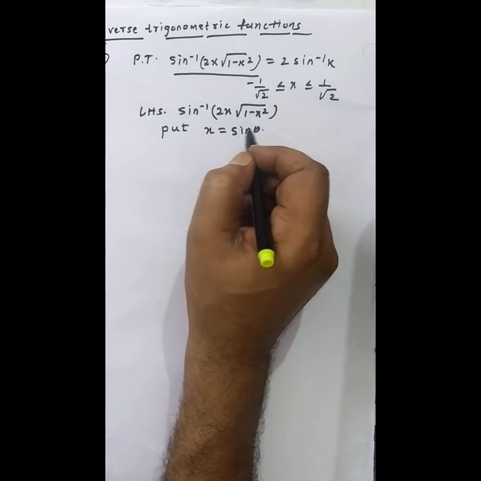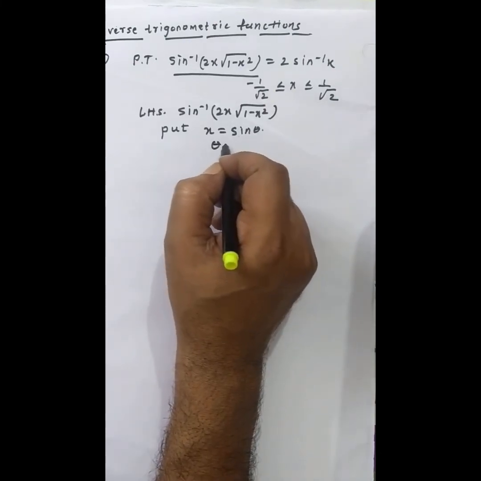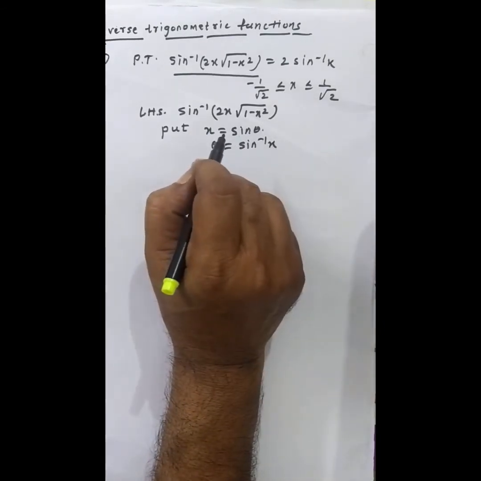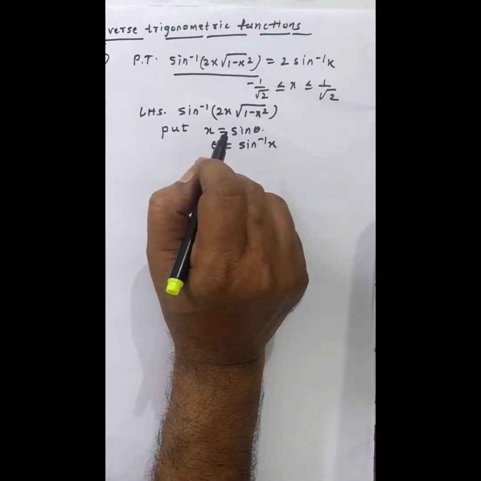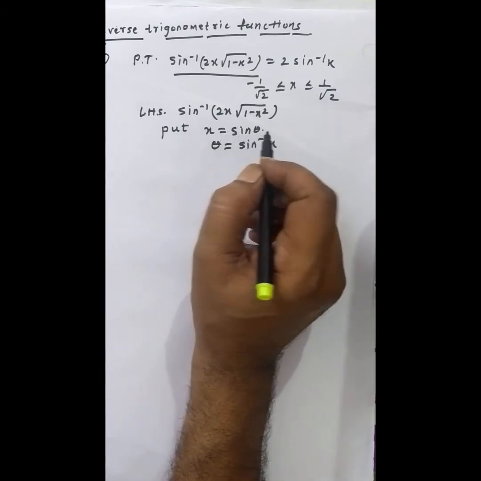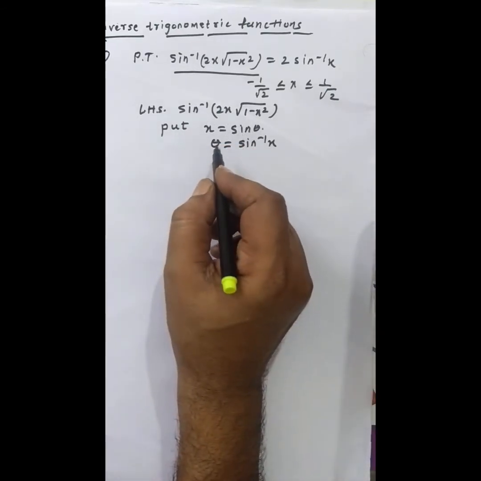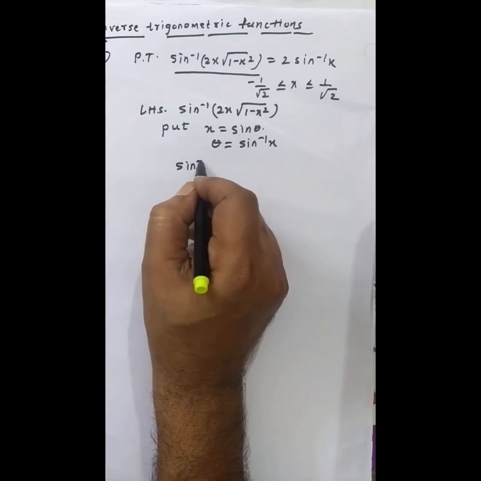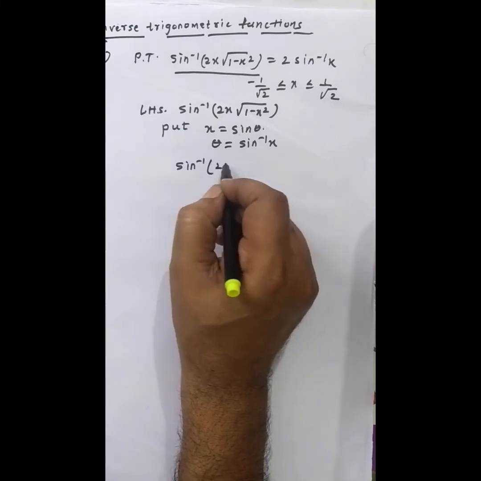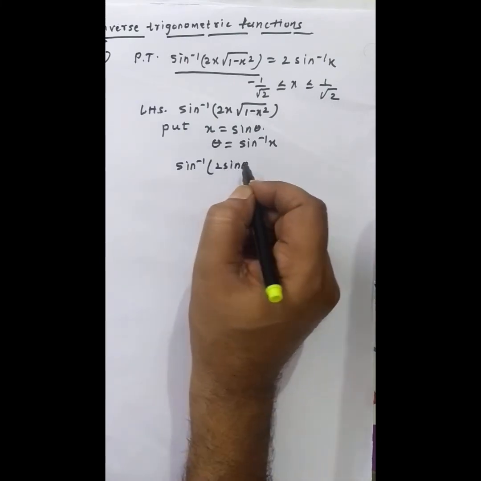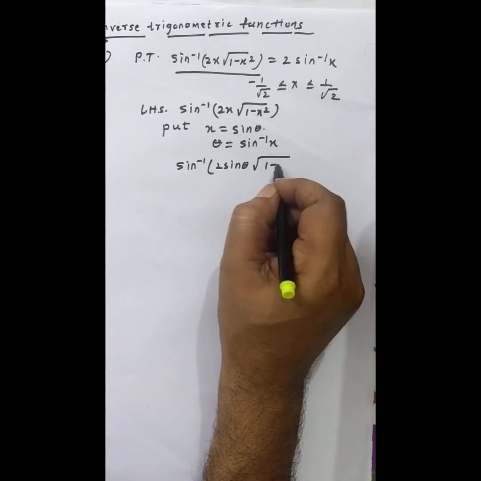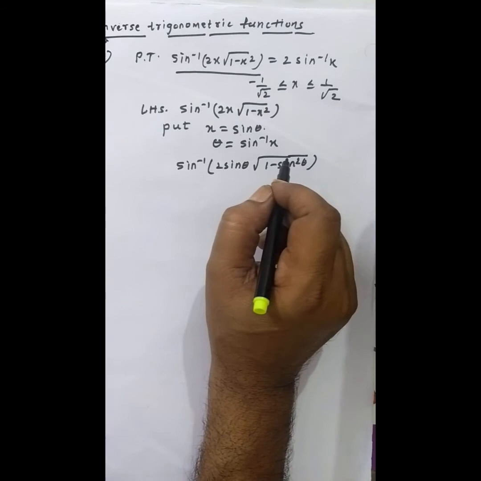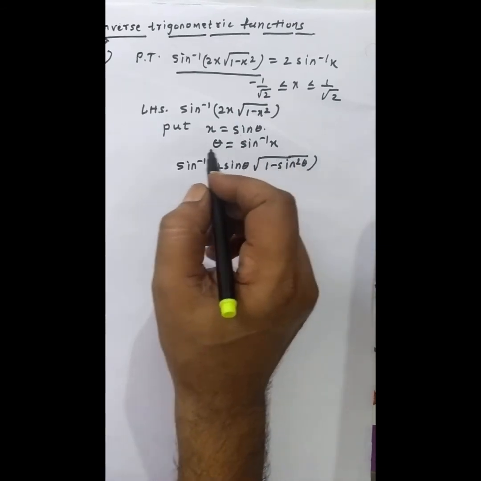When I put x is equal to sine theta, theta will be sine inverse of x. So what happens to the given function? The given function becomes sine inverse of 2 times sine theta into root of 1 minus sine square theta.